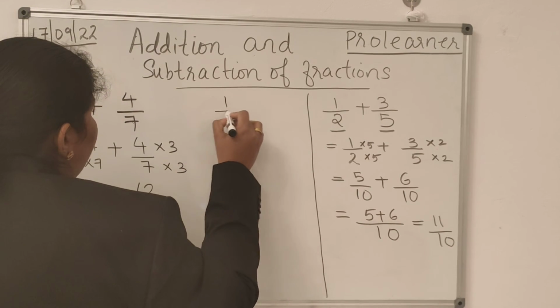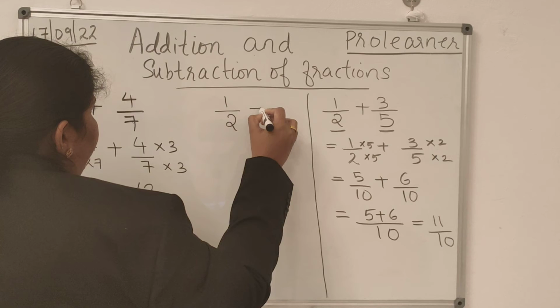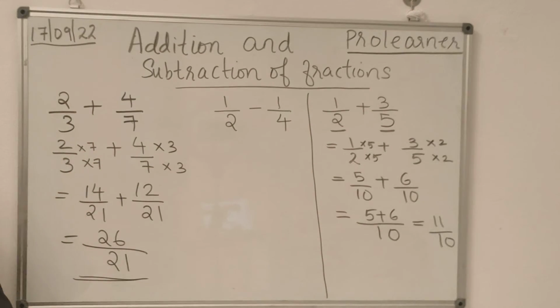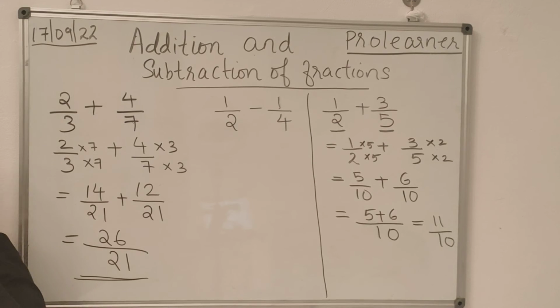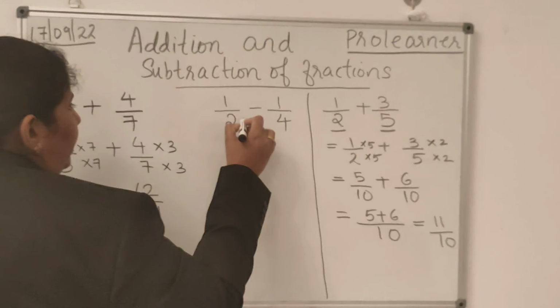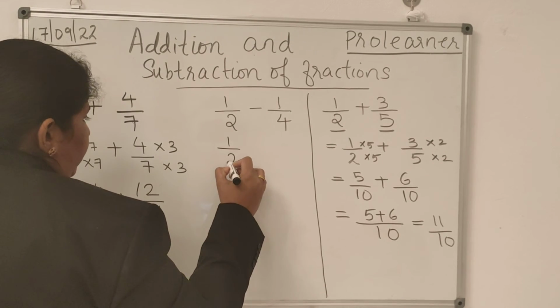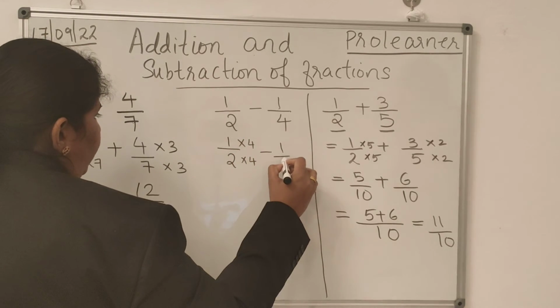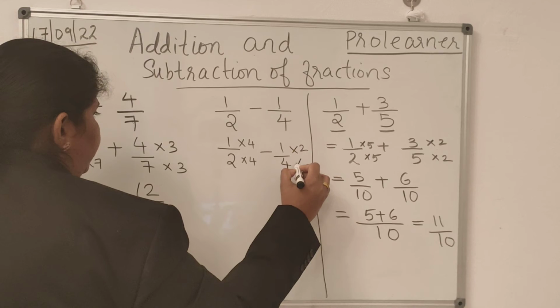Same rule we will use for subtraction also. Okay. 1 over 2 minus 1 over 4. See, the denominators are different, right? What we will do? We will multiply the first fraction with the denominator of the second and the second fraction with the denominator of the first.